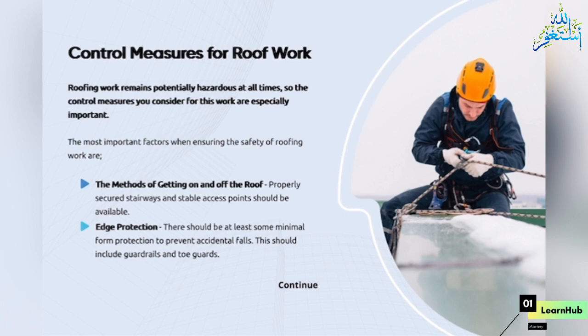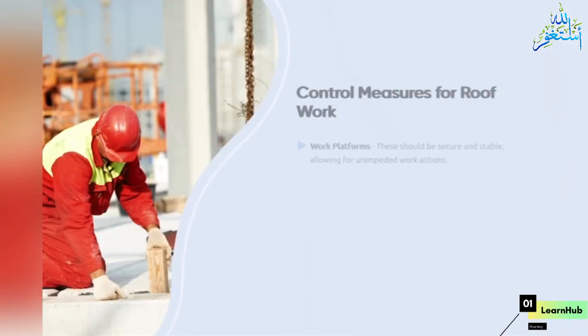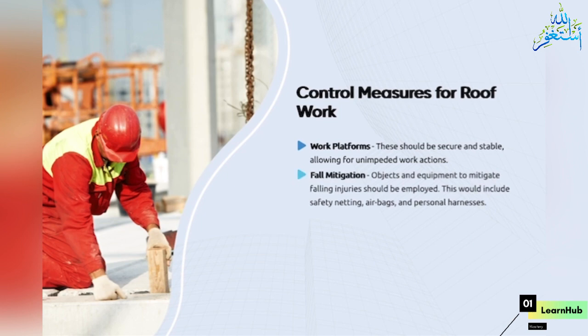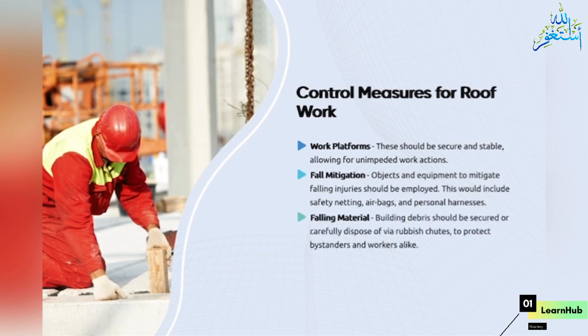Edge protection. There should be at least some minimal form of protection to prevent accidental falls. This should include guardrails and toe guards. Work platforms. These should be secure and stable, allowing for unimpeded work actions. Fall mitigation.